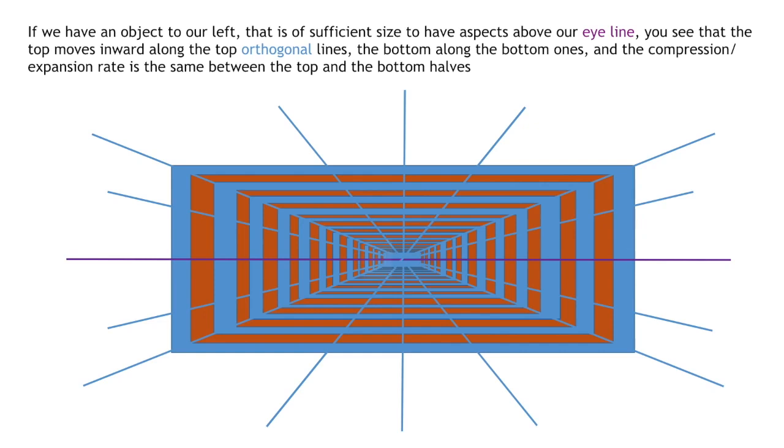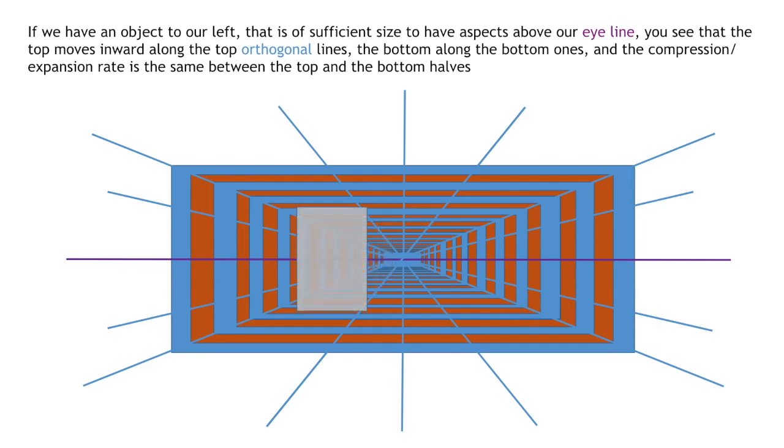If it starts out below the eye line, it always is below the eye line. If it starts out above, it's always above, and so on. And again, you just model these according to orthogonal lines, descending and ascending, or converging left, converging right, whichever dimension you're looking at it from.